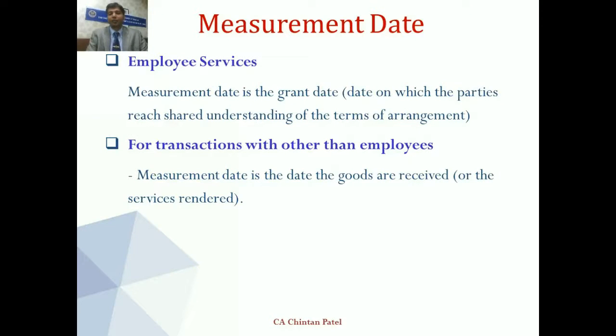For transactions with parties other than employees, there is a rebuttable presumption that the fair value of the goods or services is determinable. In that case, you arrive at the fair value as on the date the goods or services are received or rendered.